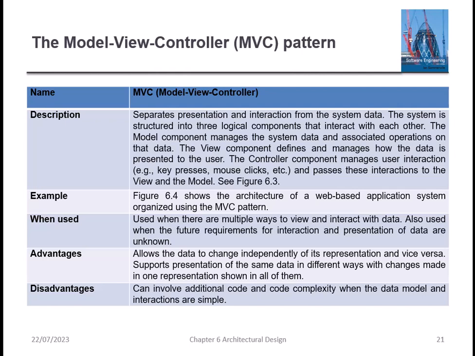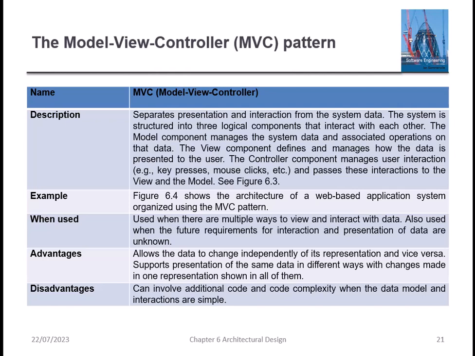So it separates the presentation and interaction part from the system data. The system is structured in three logical components that interact with each other. The model component manages the system data and associated operations on the data. Second, the view component defines and manages how data is presented to the user.